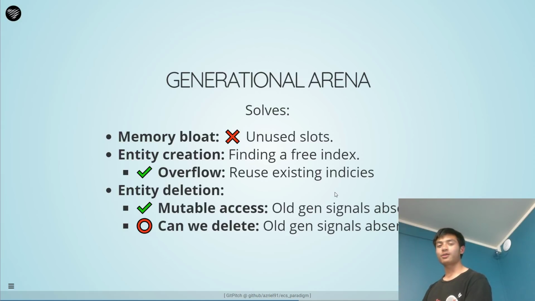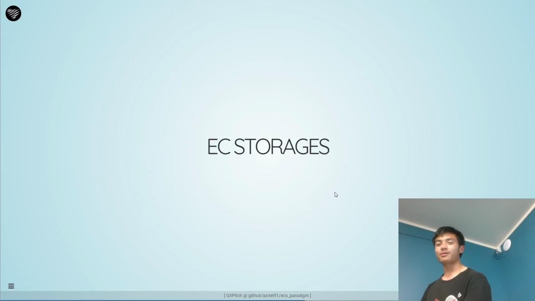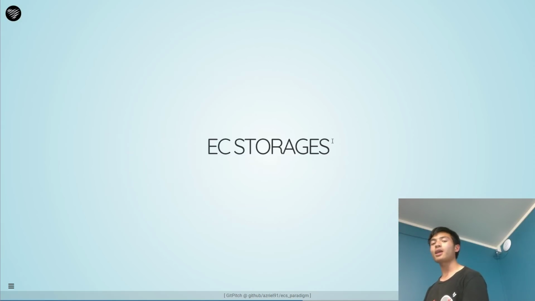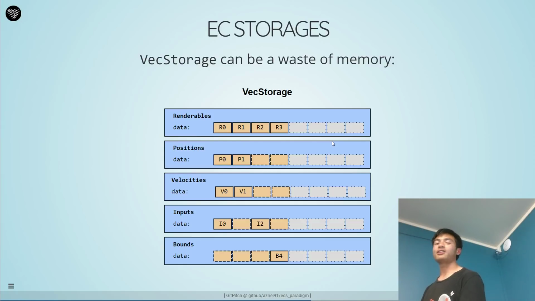And I think we'll go through one more, which we'll look at how we solve the memory bloat problem. So here, entity component storages. If we use a vector to back every single component that we store, it can be a waste of memory. In this example, for renderables it's okay because we're using every single slot in the vector.